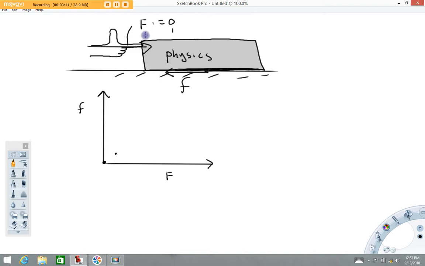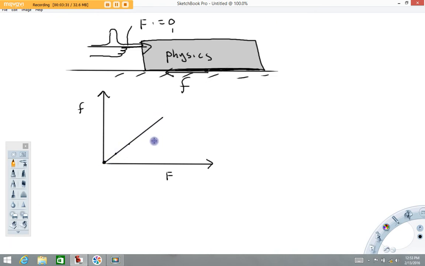If the applied force were 3 Newtons, the frictional force would be 3 Newtons. What we would get is a perfectly linear graph. So I'm going to go ahead and sketch that. This graph is going to look something like this.